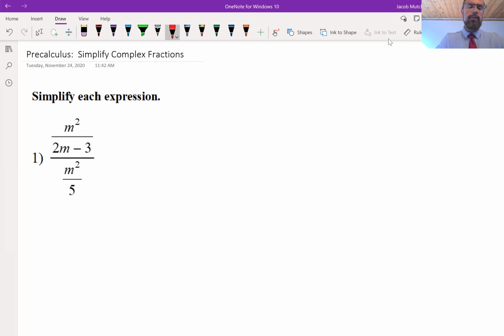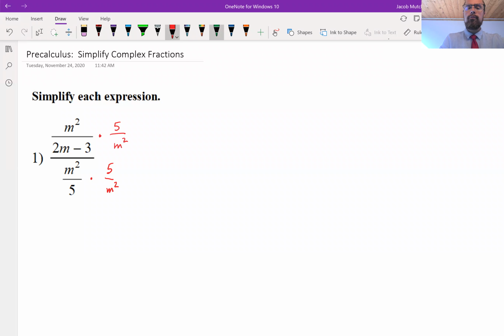I would start in the denominator, and what I would multiply the denominator by is the reciprocal of that lower fraction. So I'm going to multiply it times 5 over m squared. If I do that in the denominator, I have to repeat that product above, so I'm also going to multiply by 5 over m squared.